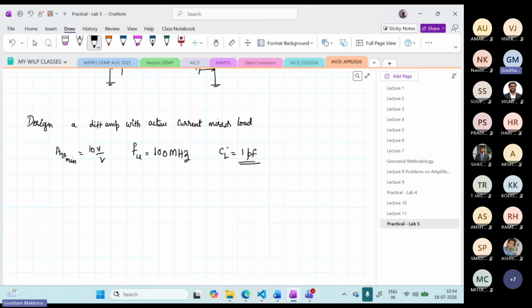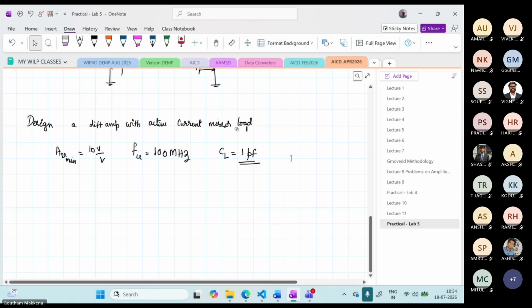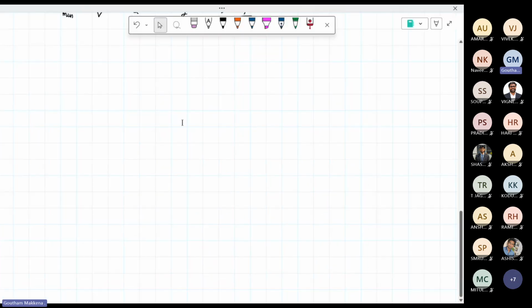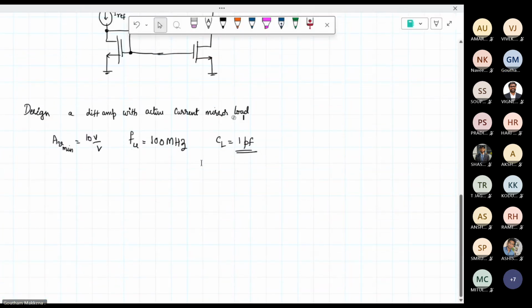So I want a minimum gain of 10 V by V. And what is this? FU stands for what? We have seen it in the Bode plots. Unity gain frequency in hertz. The frequency at which the magnitude is equal to 0 dB or 1.